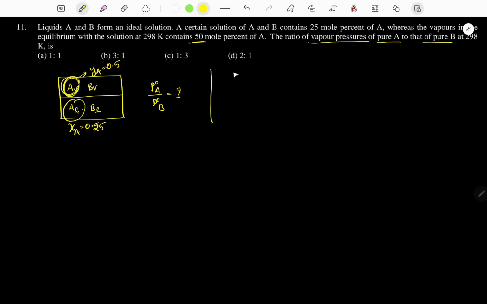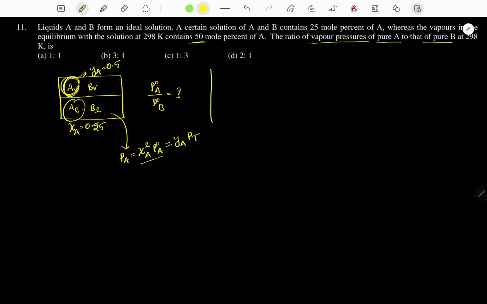In terms of liquid mole fraction, the pressure of A is equal to the mole fraction of A in the liquid phase times P naught of A, according to Raoult's law, and according to Dalton's law, the mole fraction of A in the vapor phase times the total pressure.